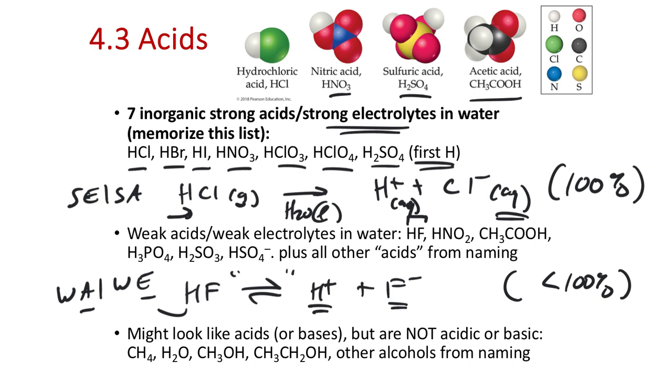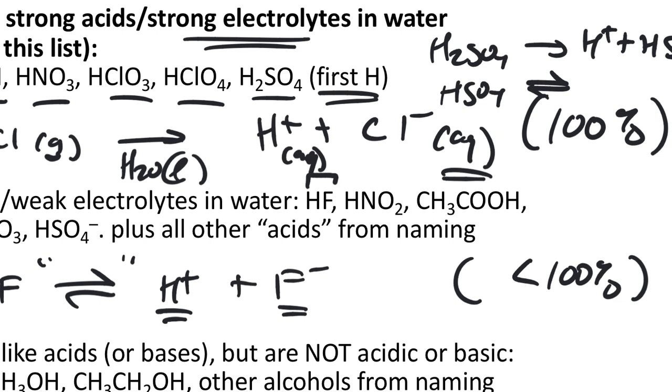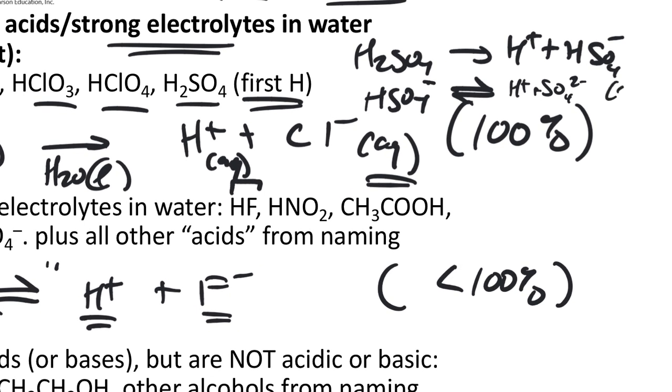And sulfuric is really interesting in that only the first hydrogen falls off to 100%. For H2SO4, in this first step we get 100% dissociation into H+ and the hydrogen sulfate ion. Then hydrogen sulfate itself is a weak acid, so I get a partial equilibrium here. HSO4- loses the second H+ to make sulfate ion, and this reaction is about 10%.